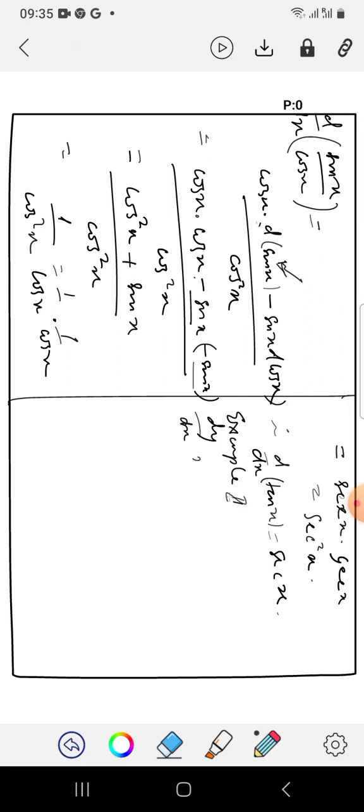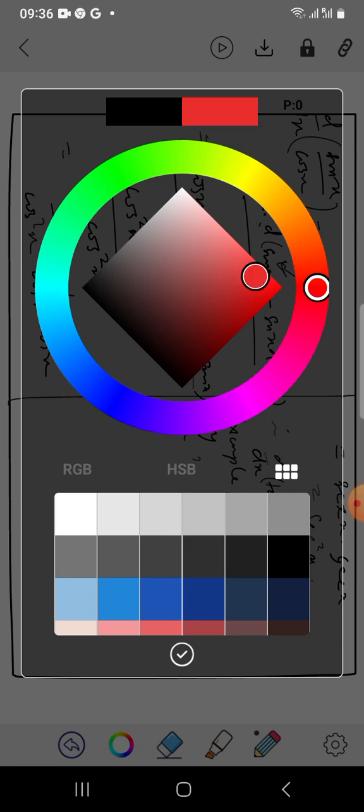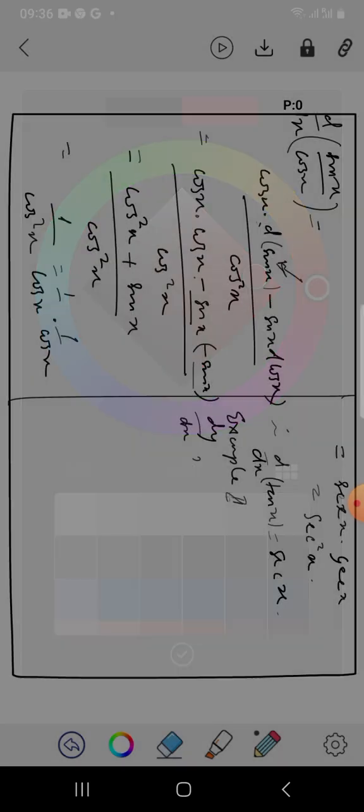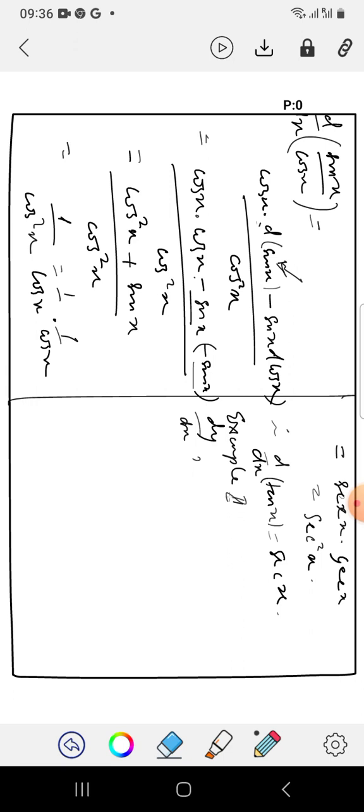Okay, let's have some fun. Let's do some bright colors. So the dy/dx when y is cot x. What is cot x again? That's cosine x over sine x.